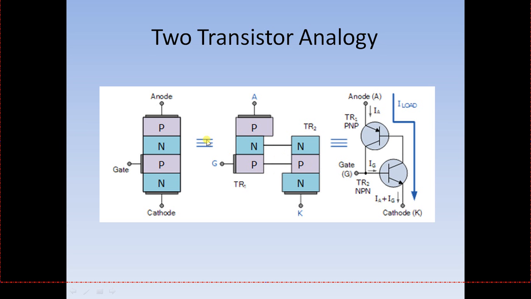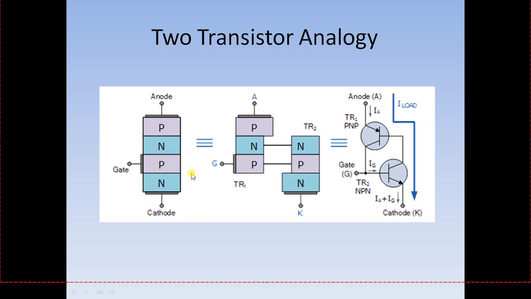Okay, and in this diagram we should see that there are three junctions. The first one, this junction, we can call it J1. This junction between N and P is J2, and the third junction between P and N near the cathode is J3.